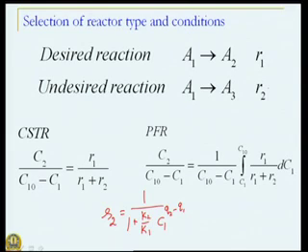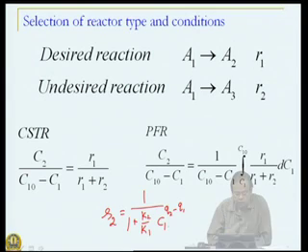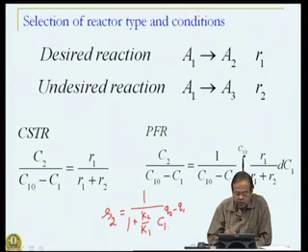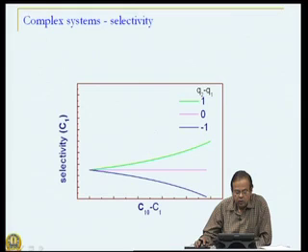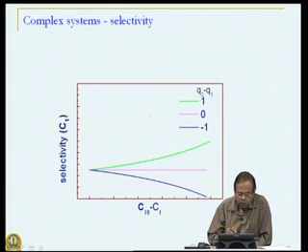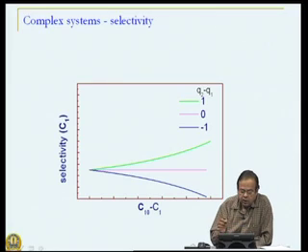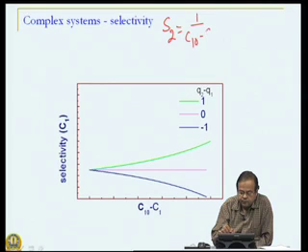So, now how selectivity changes as the concentration of C1 is changed will depend upon these values of Q2 and Q1. Let us look at that behavior once again in the same plot of C1 0 minus C1 against selectivity. Let me write the design equation once again.